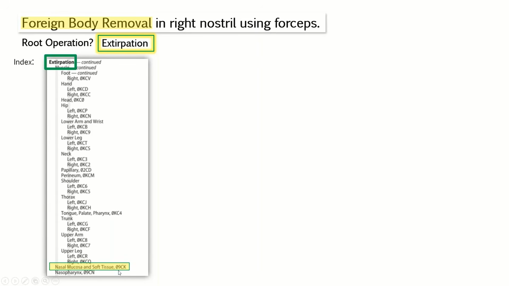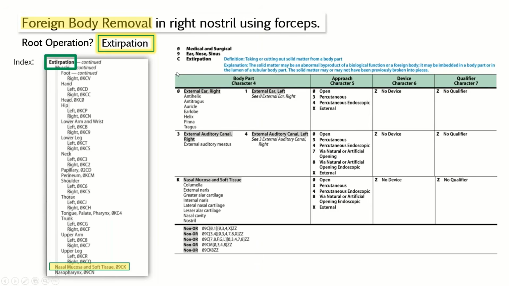It tells us to go to the 09CK table. When we go to the 09C table, this is medical surgical section, ear, nose, and sinus, and C, extirpation. Now, if you don't know what extirpation is, taking or cutting out solid matter from a body part.